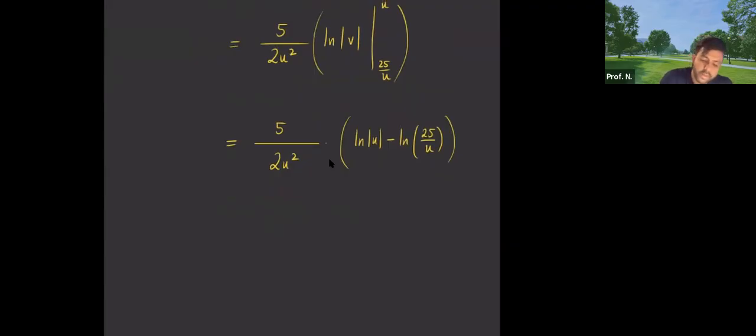And how can I simplify this? ln 25 minus ln of u. That's right. So you can write this as ln of u minus ln of 25 plus ln of u.